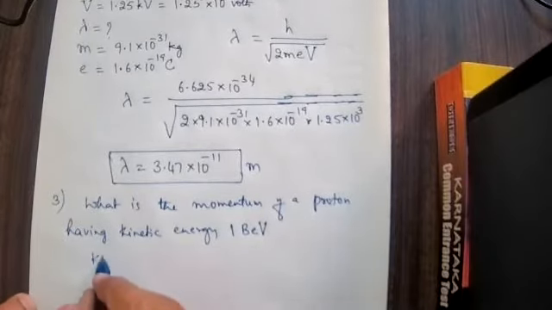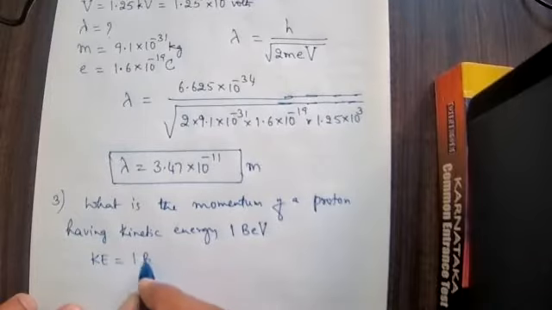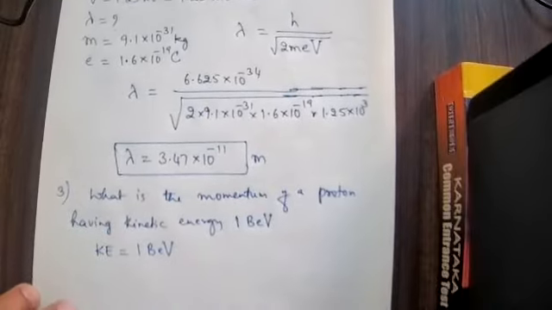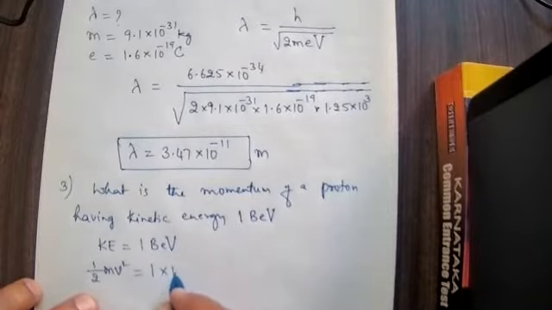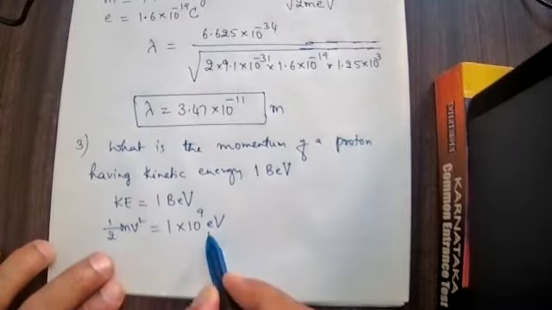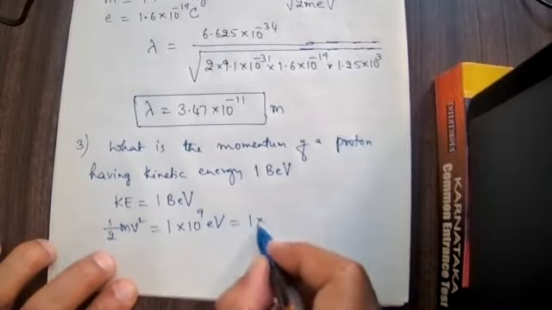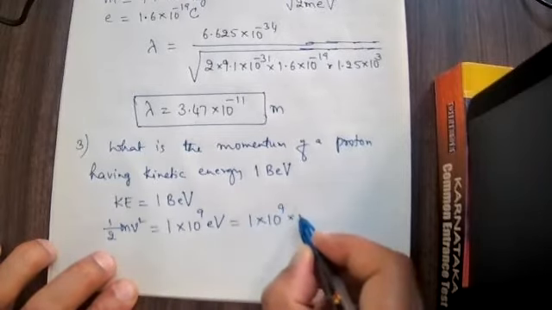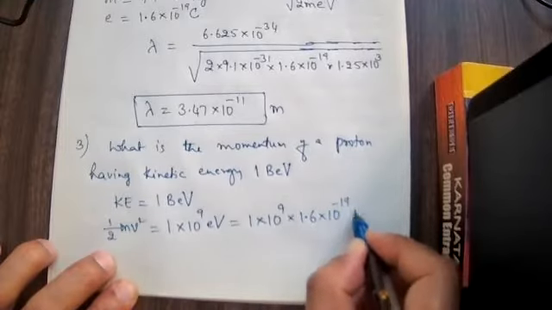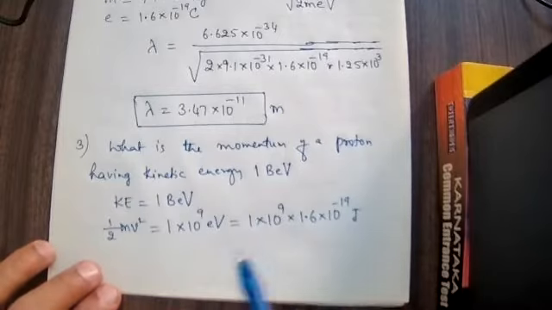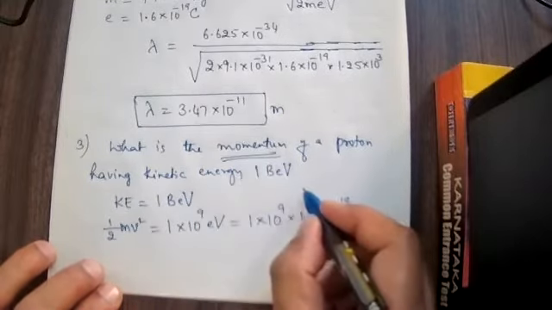So kinetic energy is given as 1 billion electron volt, but the kinetic energy formula is in terms of joules. 1 billion means 10 to the power 9 eV. But this is not in terms of SI unit. Convert into SI unit: 10 to the power 9, 1.6, 10 to the power minus 19 joules. Now this is joules, no problem. We can calculate the momentum.